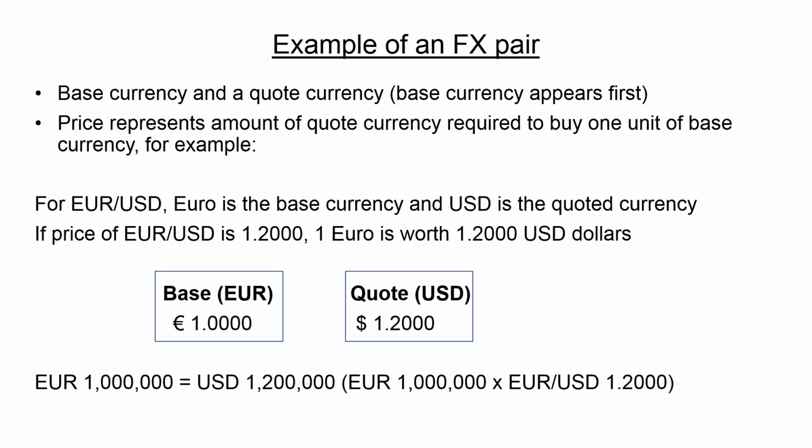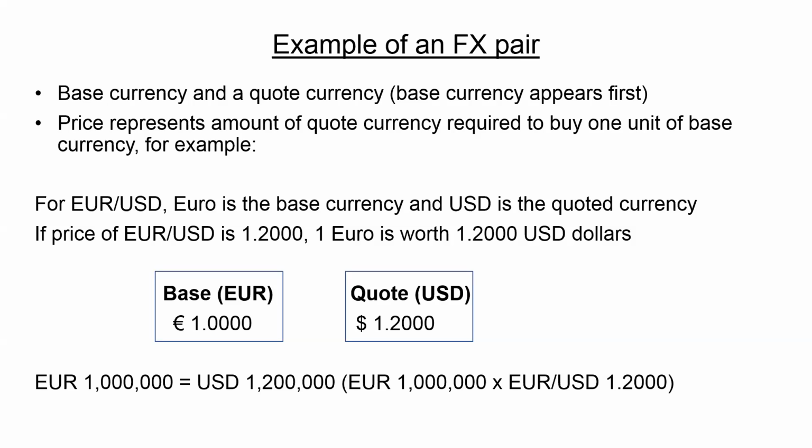So now we're going to talk a bit more about currency pairs. A currency pair is simply putting 2 of those currency codes together. So, for example, if we're looking at the euro against the US dollar, we are talking about EUR USD. That would be a currency pair, the euro dollar, euro against the dollar.